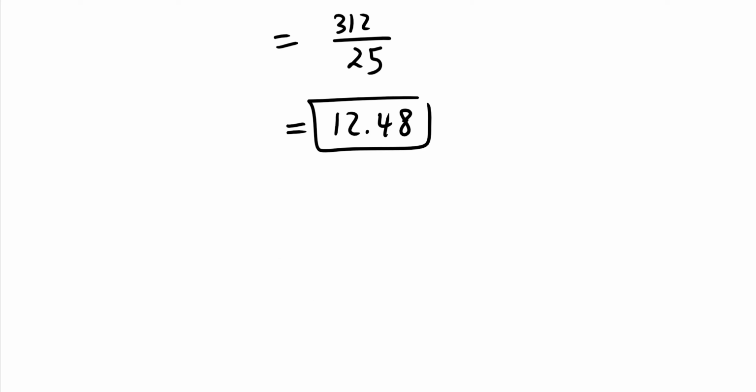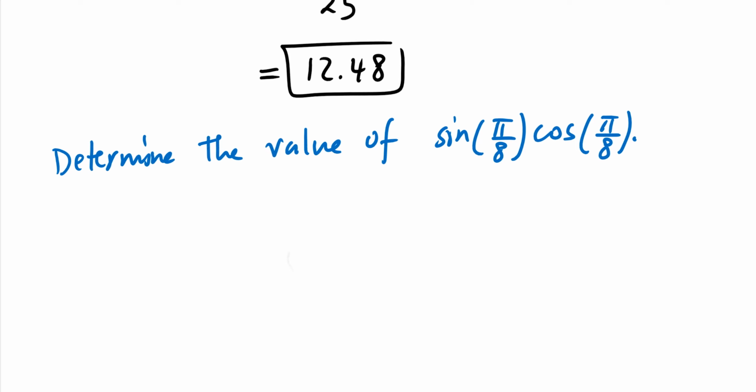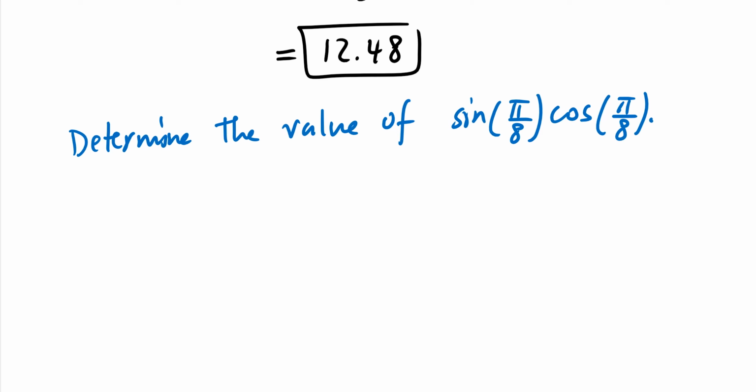Can we look at more examples? Determine the value of sine pi over 8 times cosine pi over 8. That looks like 2 sine cosine to me, but the 2 is missing.